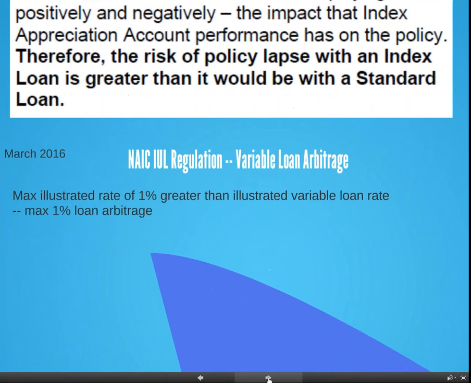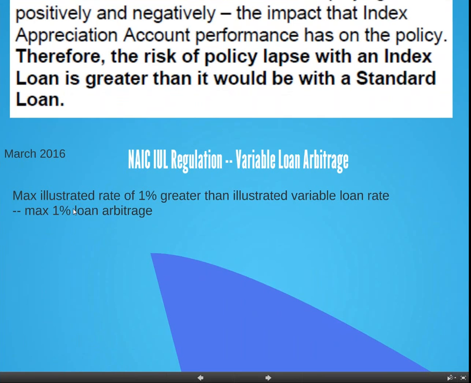What is the NAIC going to do about this with their upcoming regulations? Well, this one's coming in March 2016. Basically, they're addressing the rampant variable loan arbitrage that's going on. Arbitrage meaning somebody is showing an interest rate being charged on the loans that is lower than what is being credited. So they're earning money even on money they've loaned out of the contract, okay?